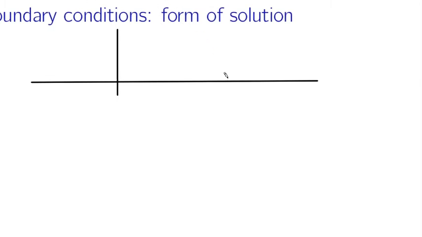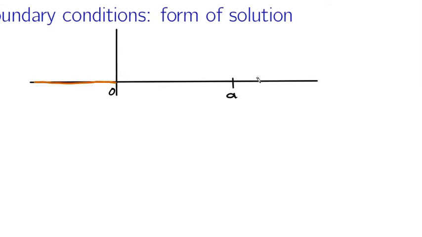Now, we have a wave function that can only be non-zero between 0 and A. Outside that, it has to be 0. So we know right away our wave function is 0 here and 0 here. So whatever we get for those unknown constants, A, B, and k, it has to somehow obey this.